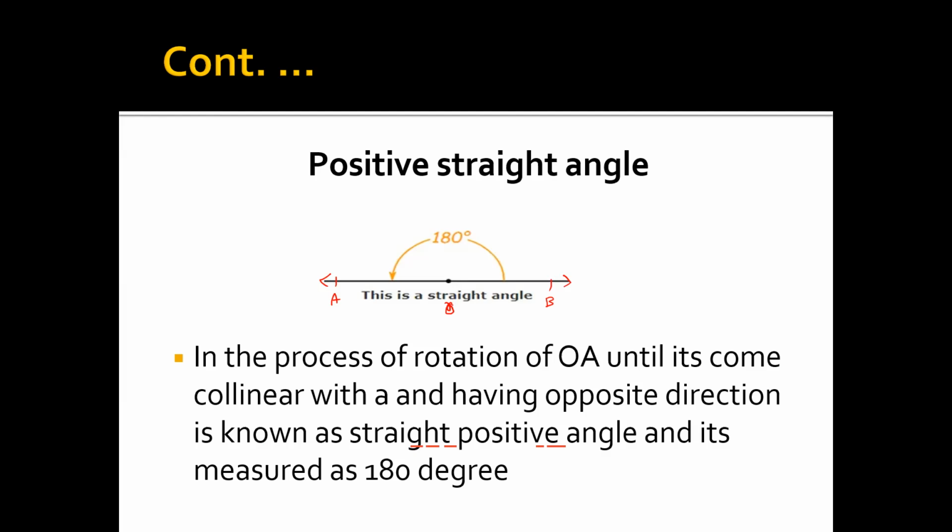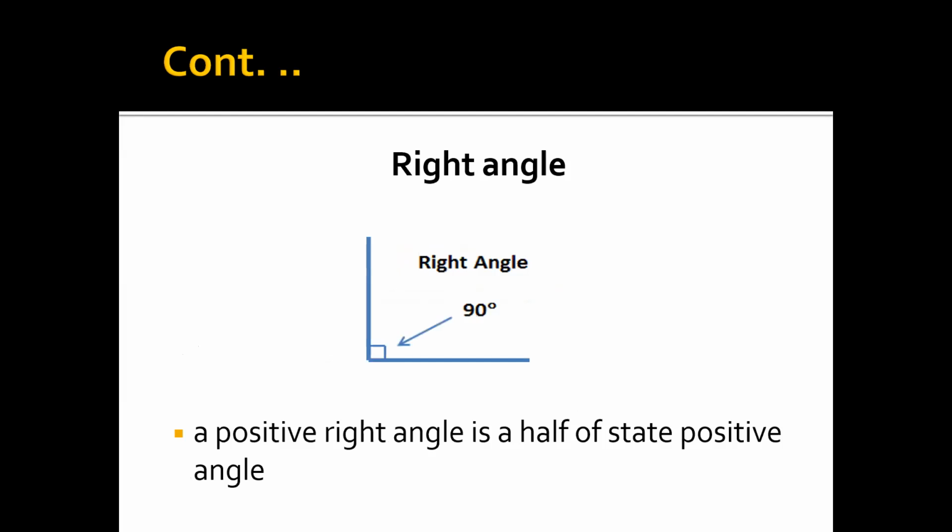Now, once you understood what a positive straight angle is, we can learn the right angle. The simple thing is, a right angle is nothing but half of a positive straight angle. The positive straight angle is a total of 180 degrees, and half of it is 90 degrees.